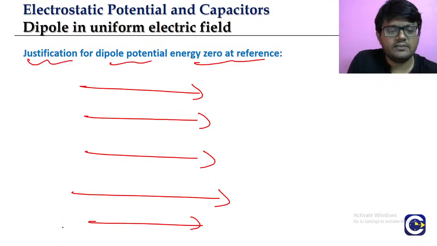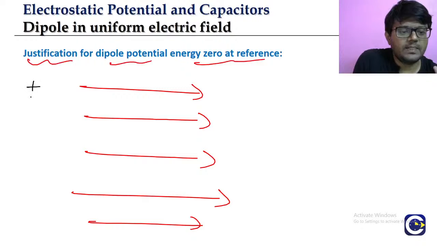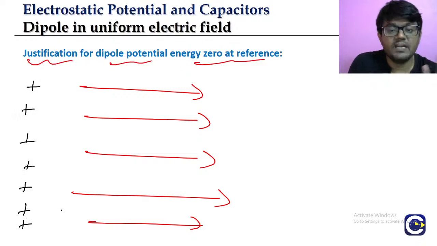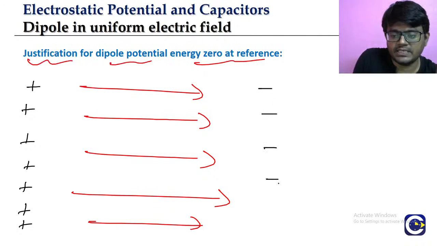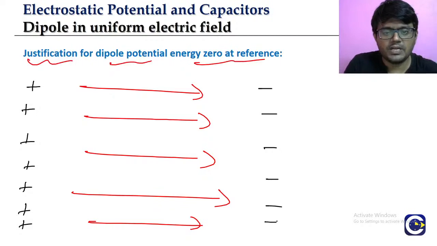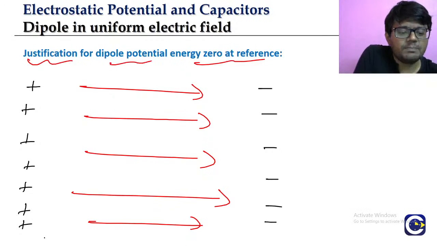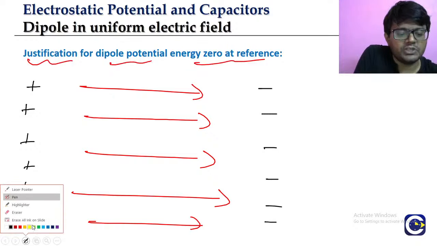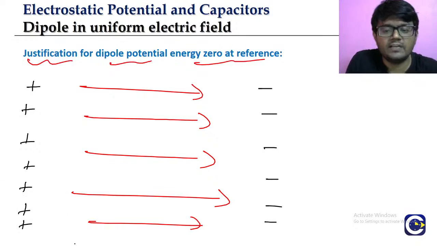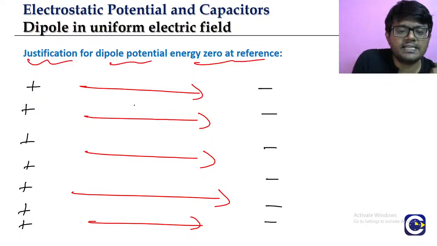On the left side we should have an identical positive charge, and the electric field goes from positive charge to negative charge. On the right side we should have an identical negative charge. Only then will we get that uniform electric field. Look here, if you keep your dipole at 90 degrees with respect to the electric field, the field is towards the right side.